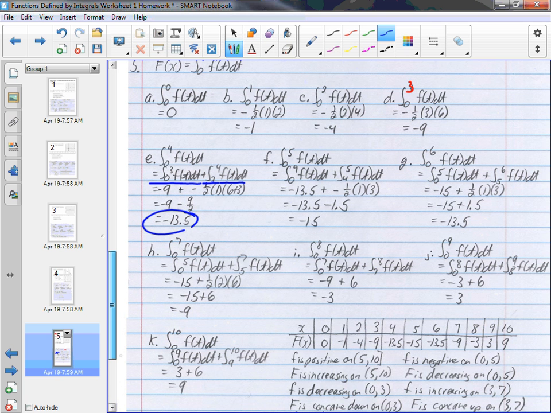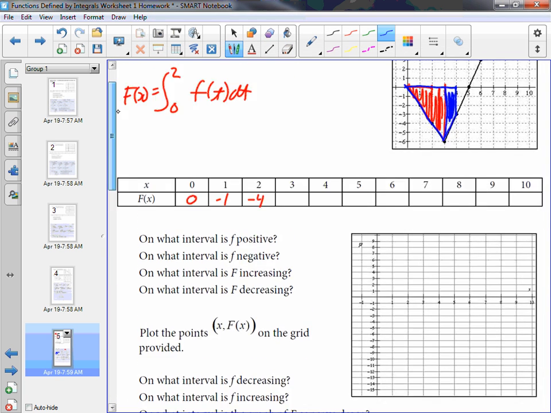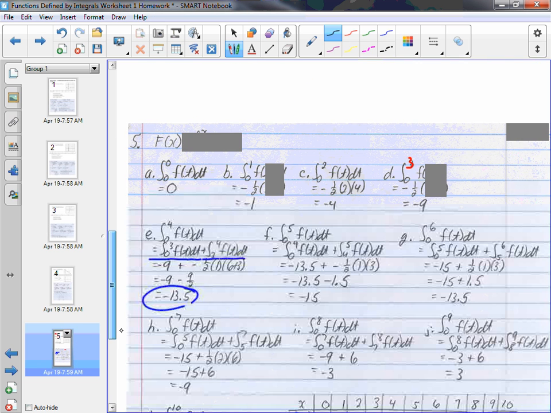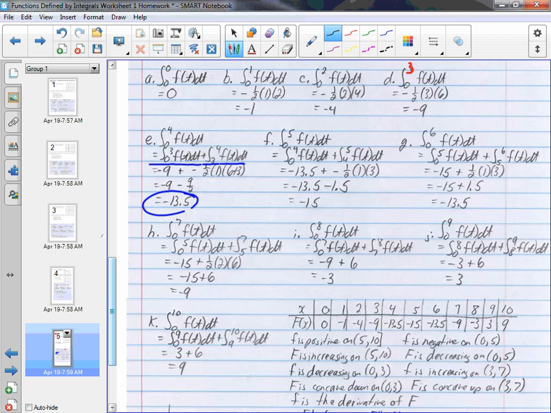Again, I'm going to piece it together. I've already got that. Now I need to find that and add them together. Okay? So take the answer you've already got as the integral from 0 to 4, figure out what the integral from 4 to 5 is, add them together.